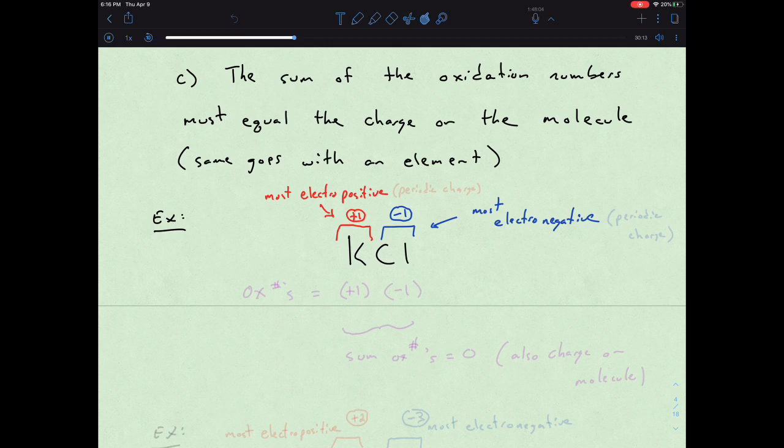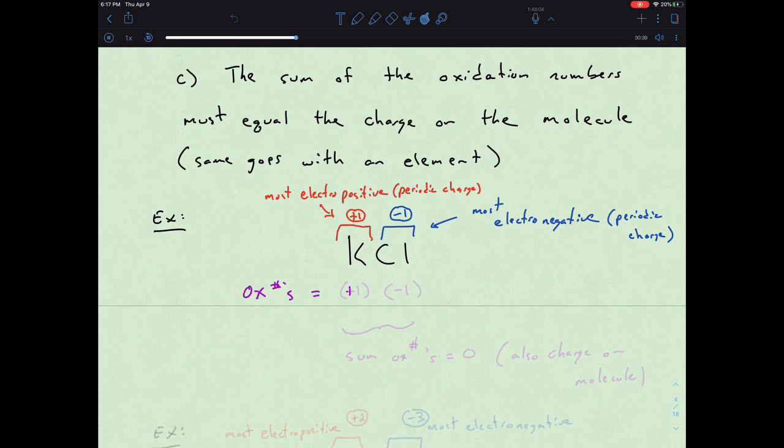So those are our periodic charge that we would get by just looking at the element on the periodic table and seeing what it would want to become, really to get to that noble gas electronic configuration. So our oxidation numbers are going to equal that.